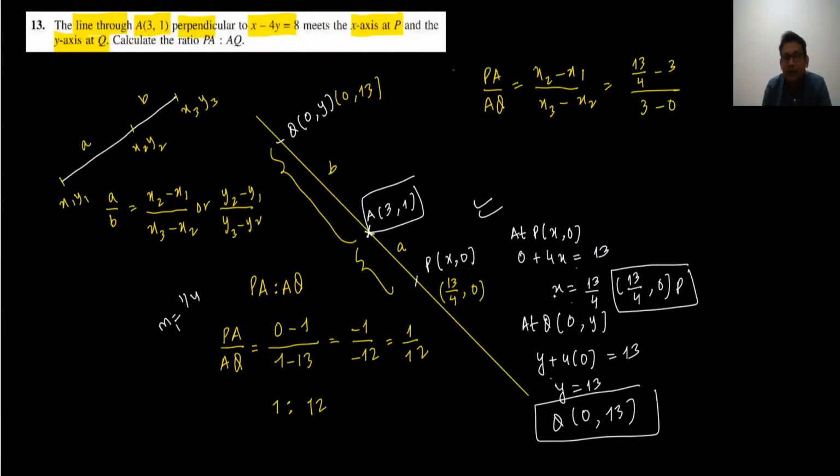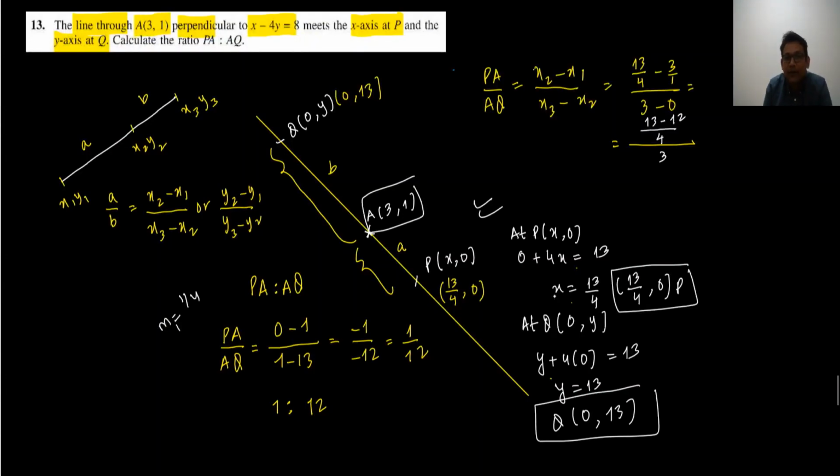Let's see, I hope this answer should be right. When we take the LCM, sorry, LCM is coming 4. I'm using a different color for this numerator. The answer is coming 4, 13 minus 12, and this is coming only 3.